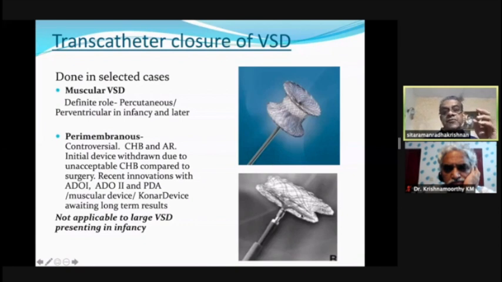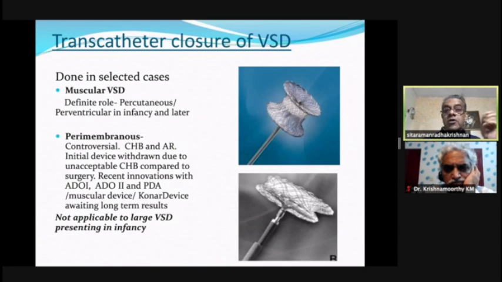They came up with so-called symmetrical devices, etc., etc. But then it was left to the human beings, us as innovators, to use other devices to close these perimembranous ventricular septal defects.